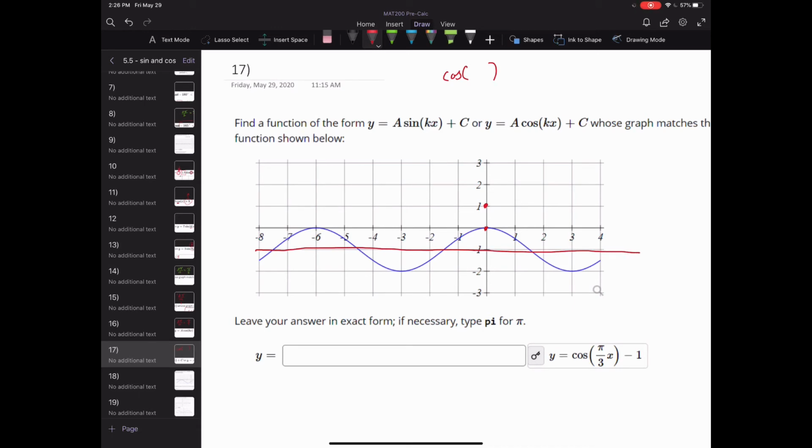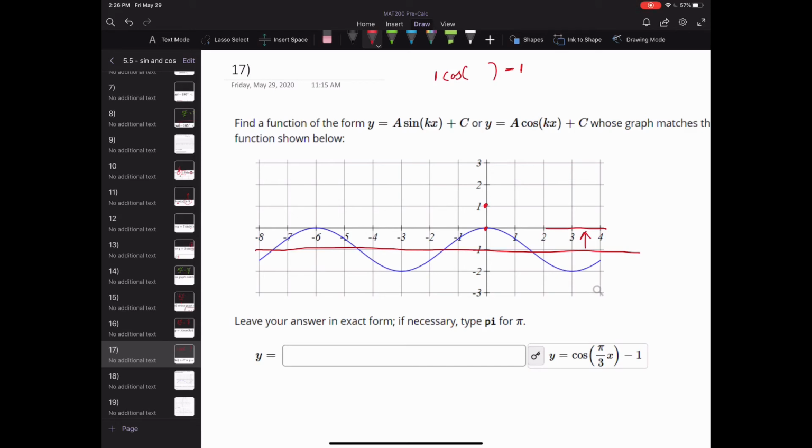I want to make the midline the y-axis. So that's how you could tell that the shift was 1. To do that, I have to picture the original function shifted down 1. That means that this number out here will be -1. The amplitude is 1, so we could leave the number here as just 1.